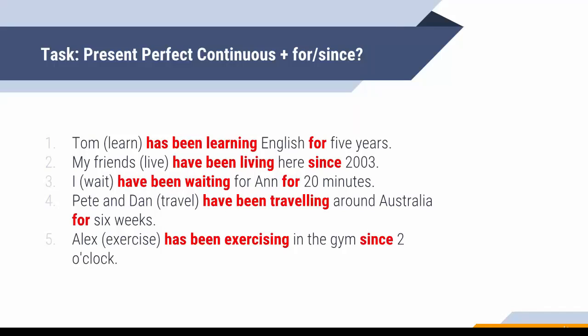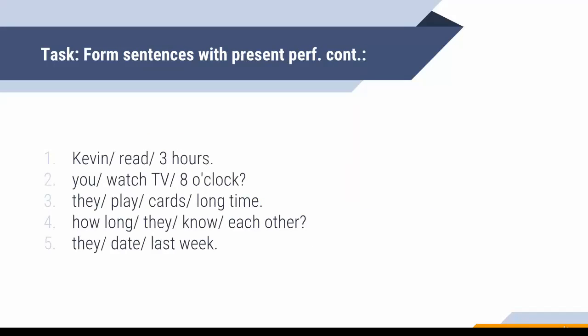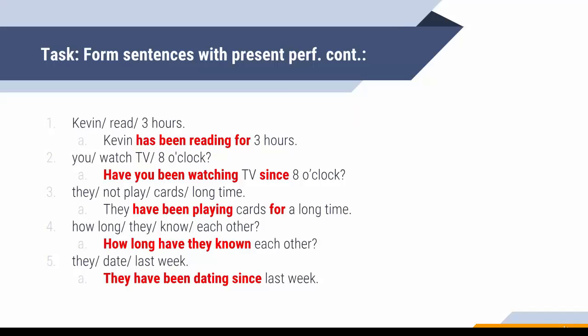Pete and Dan have been traveling around Australia for 6 weeks. Period. Alex has been exercising in the gym since 2 o'clock. Moment. Okay. In the next exercise, form sentences in present perfect continuous.